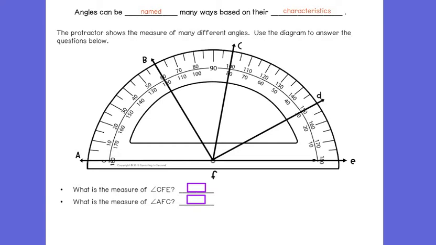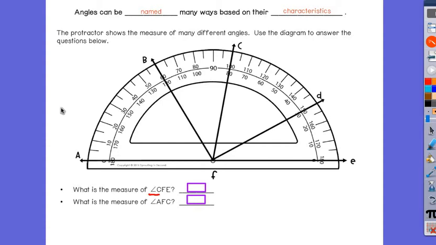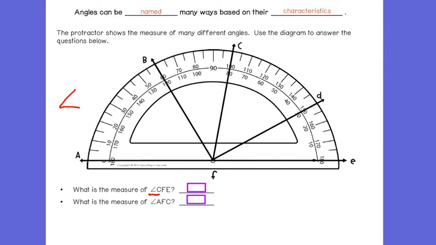We have a new symbol here that we may have not seen before. This symbol right here looks like that. That stands for angle. Instead of writing the word angle, they created that symbol. Okay, so math people are lazy, we created the symbol for it.